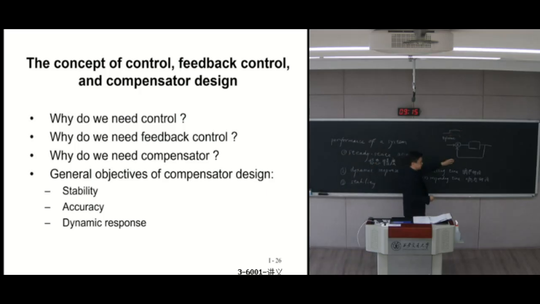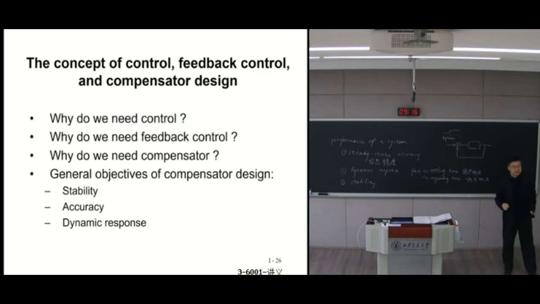Because when you make a closed loop, negative feedback control, people found out that the system under closed loop control may not always be stable. Okay? It could resonate, oscillate itself, and it cannot reach a steady state.